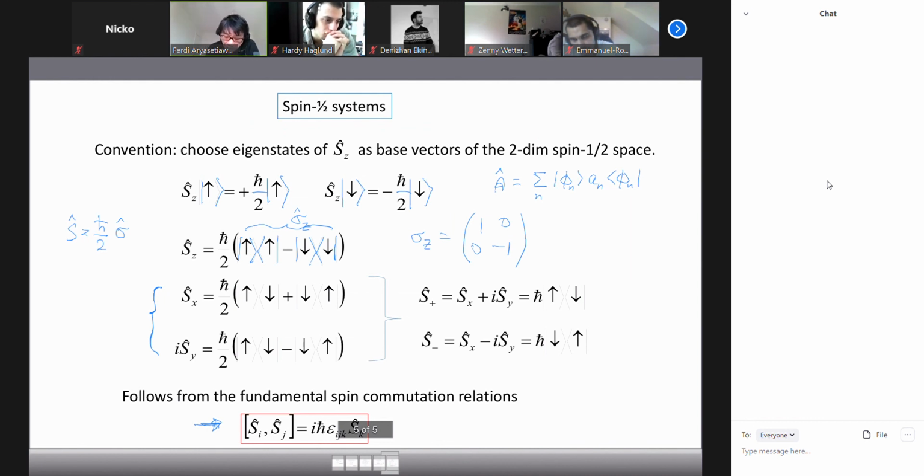So the result is just given by this here. Yes, so that corresponds to sigma x. If we look at the matrix representation of that, so that would be 1, 1 there, 0.